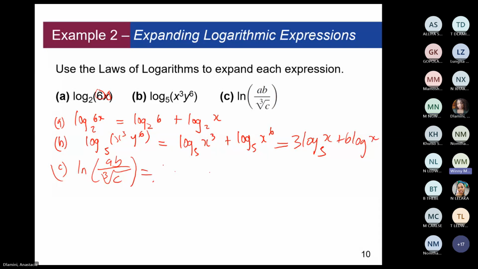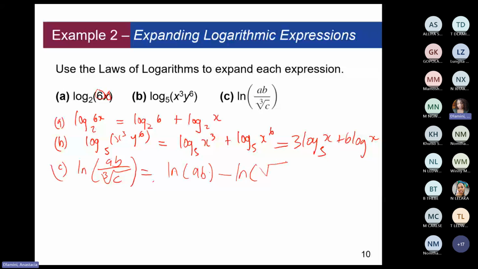ln of AB in brackets, minus cube root C. Are we done?